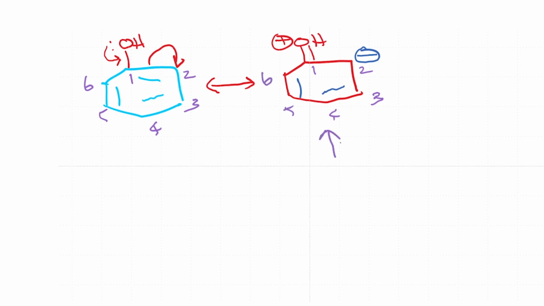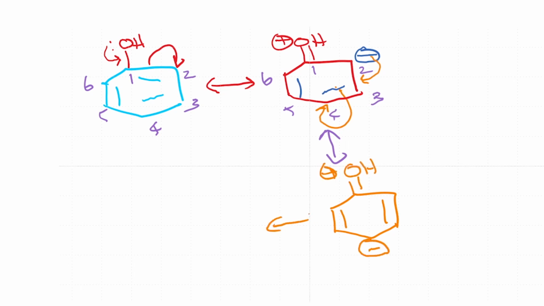Okay, so if I have to draw the next resonance form, the way I would do this is to move this negative charge over here and move this over here. So this gives me the next resonance form where there's a double bond between carbon 2 and carbon 3. The rest of the molecule pretty much remains the same.